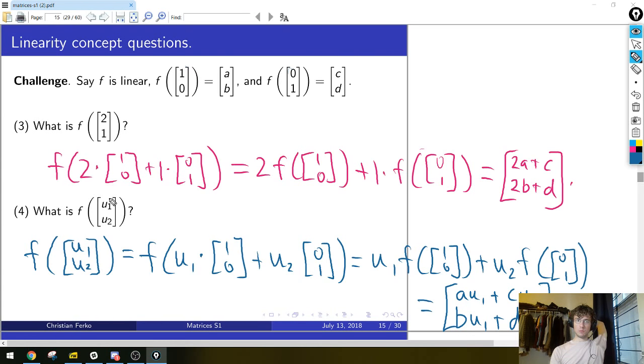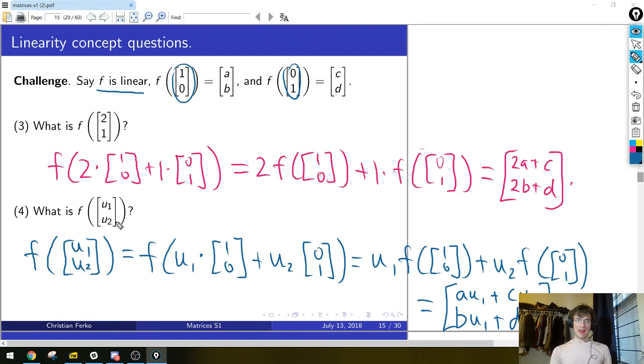So, I mean, the procedure is all well and good, but let's think about the punchline of what I just showed you. This means that if I give you a linear function and I tell you its outputs for just two inputs, (1, 0) and (0, 1), which is completely determined by these four numbers, a, b, c, d. So I just hand you four numbers that describe the outputs of that function for (1, 0) and (0, 1).